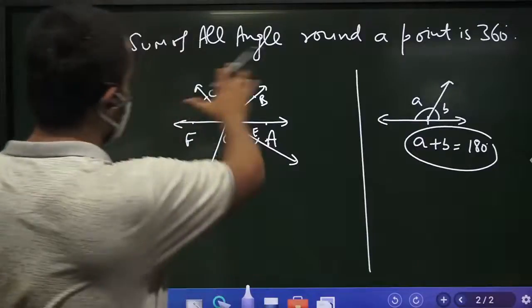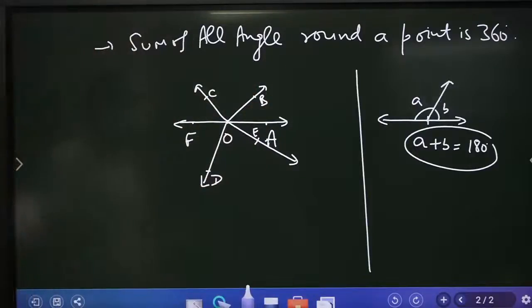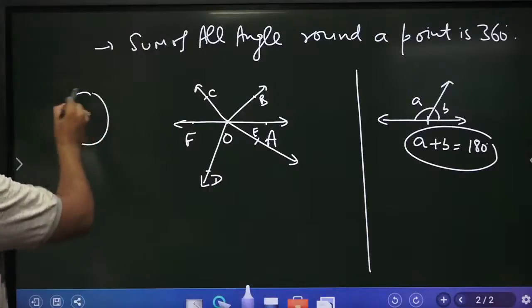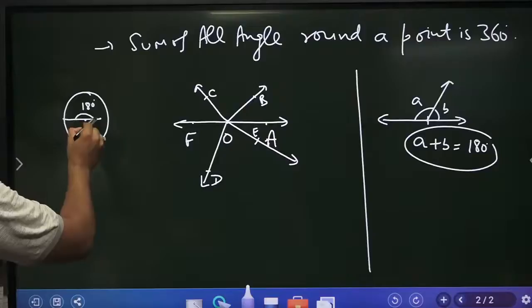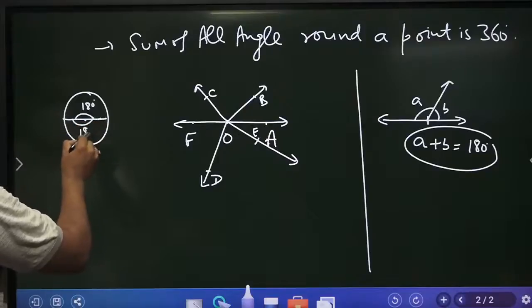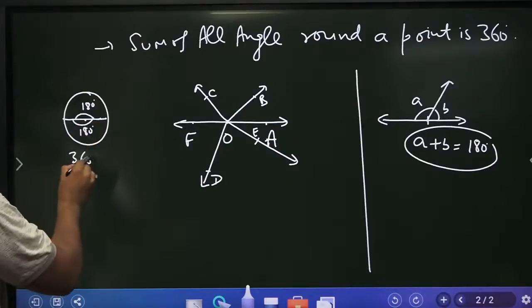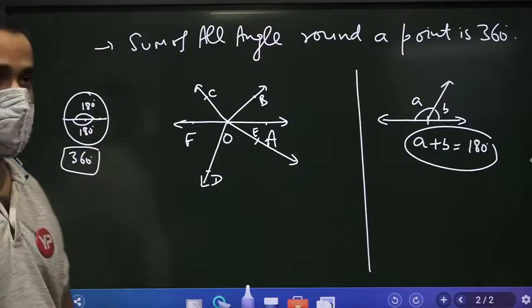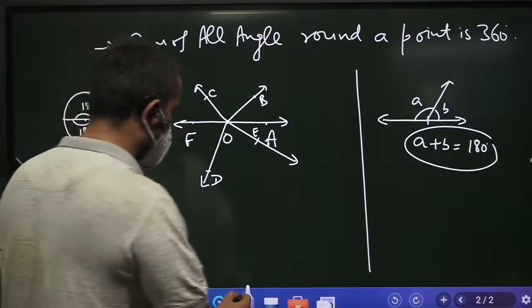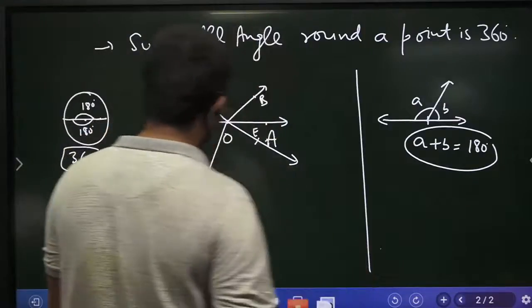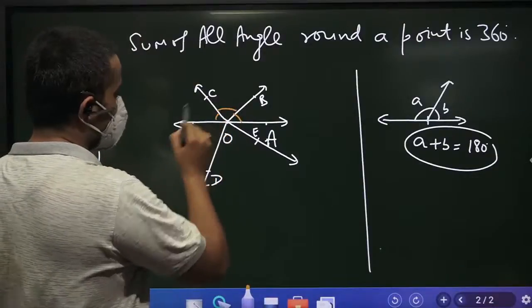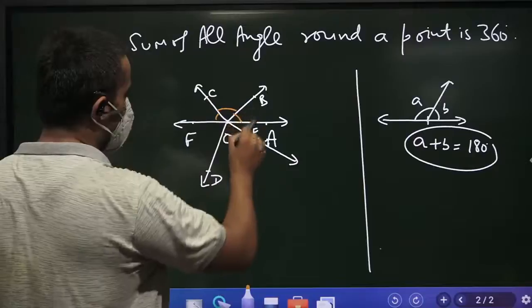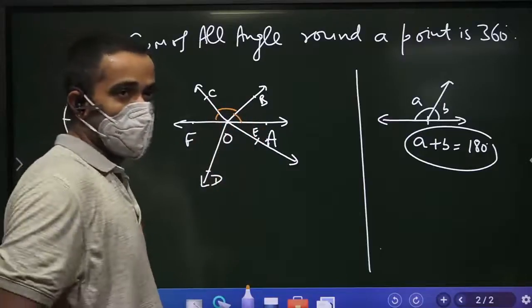Similarly, sum of all angles round a point. The sum is 180 here, and 180 will be below. So the sum will be 360. We already know this thing. Similarly, this angle, this angle, this angle will be 180, so that is a linear pair.